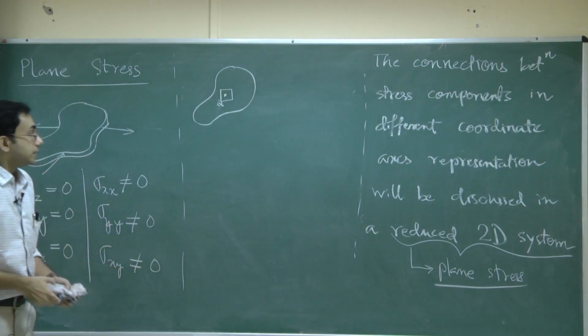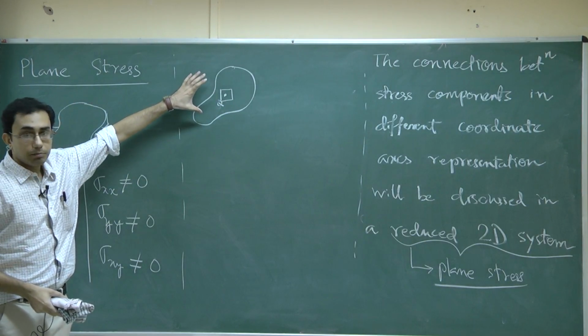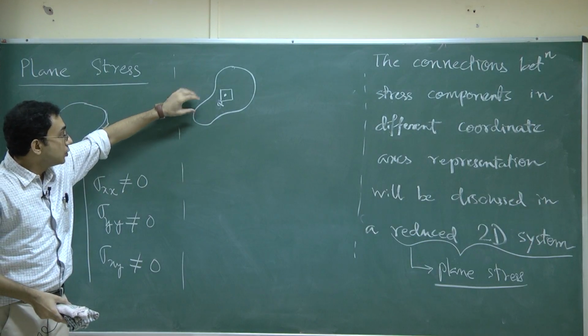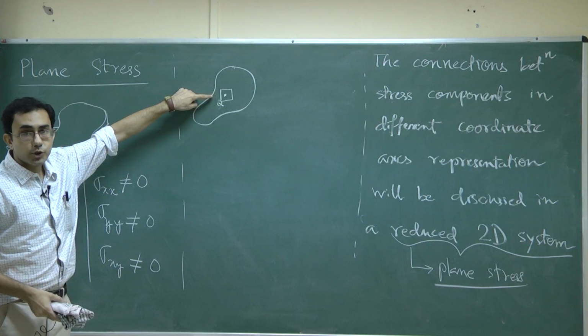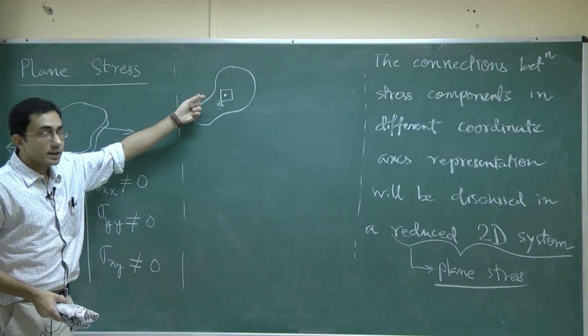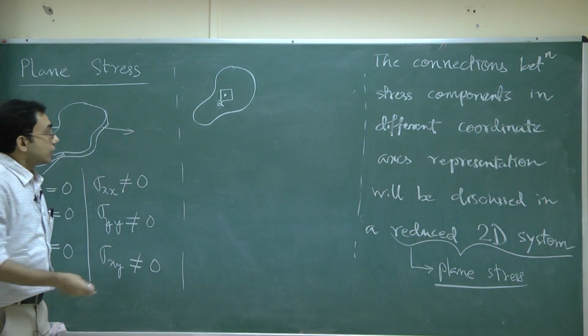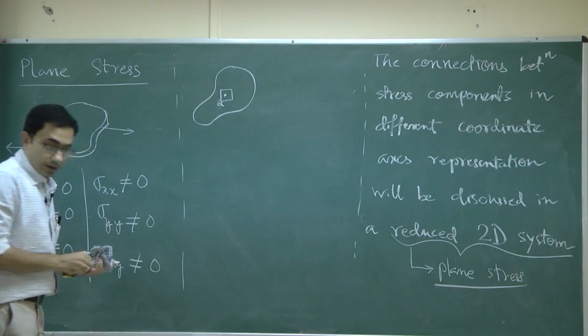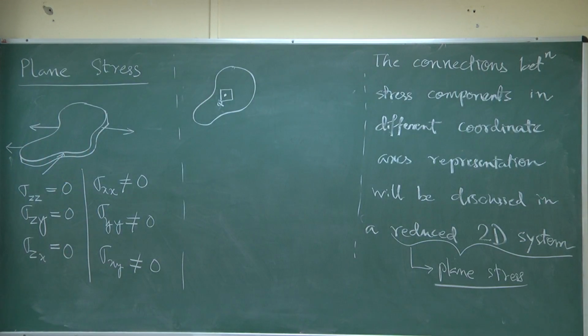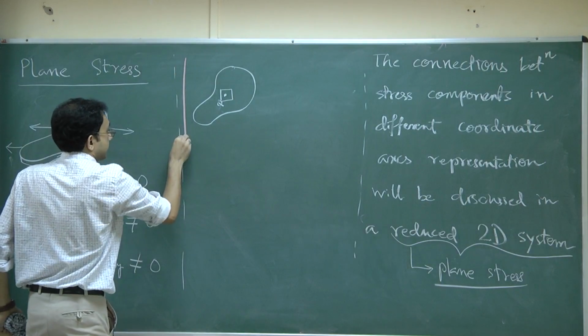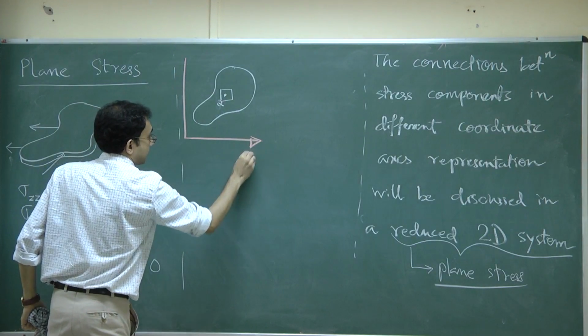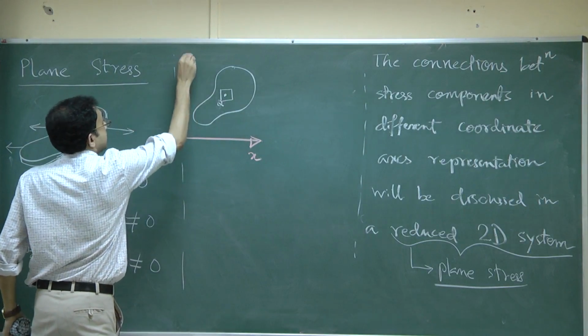We understand that although in this top down view this is looking like a little square, actually this square has a very small thickness into the plane of the board. Now, going back to our previous discussions, here also we can set up our coordinate axis like this. This is x and this is y.